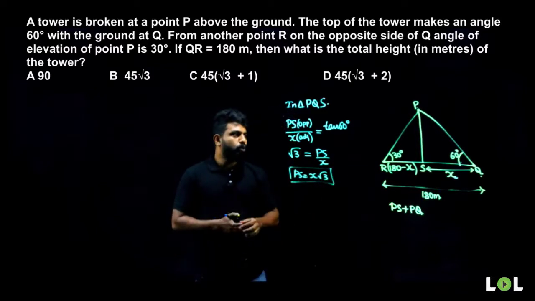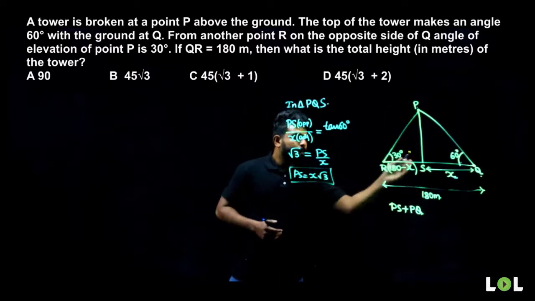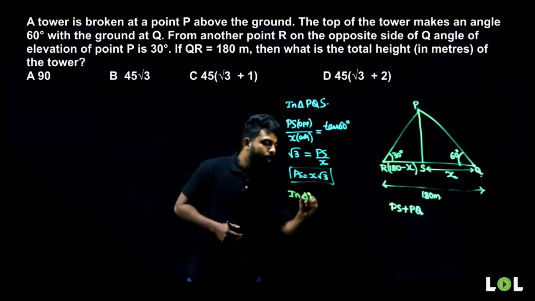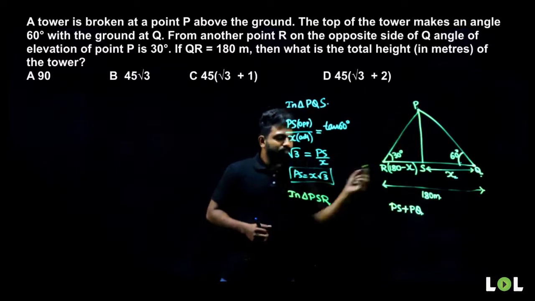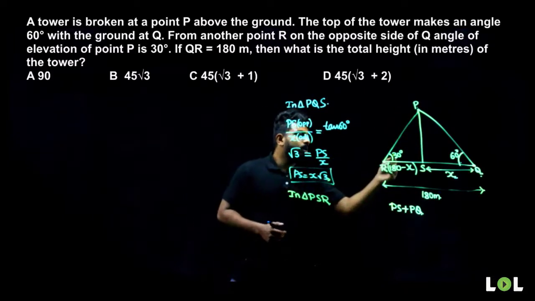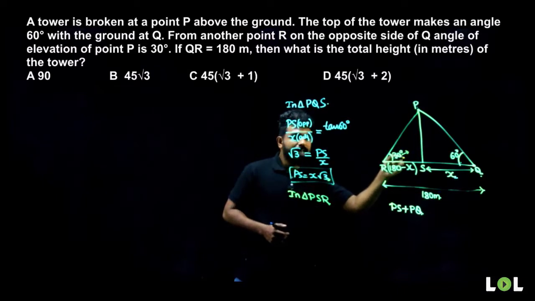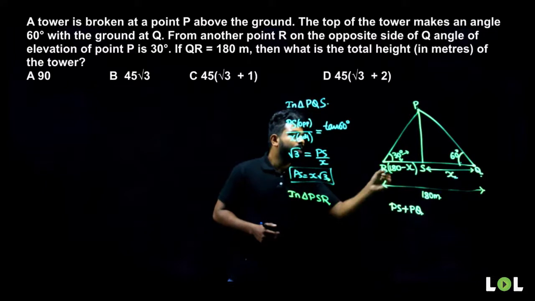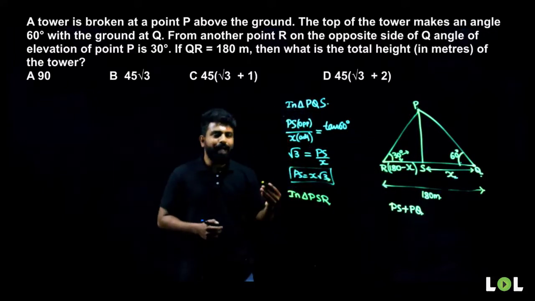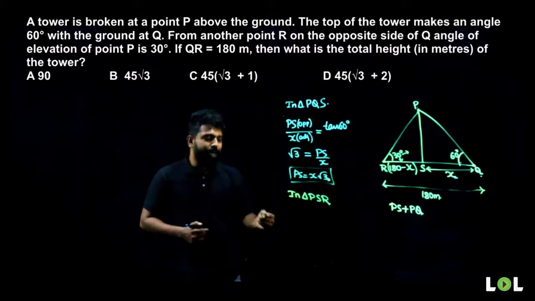Now what do we need to do? Let us consider the triangle PSR. In triangle PSR, once again, we know the value of PS from our previous findings. What is PS with respect to 30 degrees? It is opposite. What is the other value we know? We know the value of RS. It is the adjacent side. Opposite by adjacent, once again, it is tan theta.